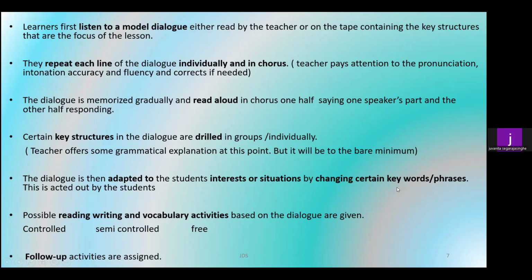Now, if you are talking about a seller and customer, you can reverse that situation or change it to a doctor and a patient. Likewise, you can adapt the situation, provided the learners are able to cope with it. If the learners are still beginners, struggling to cope with the structures already presented, then don't go to adapt it.